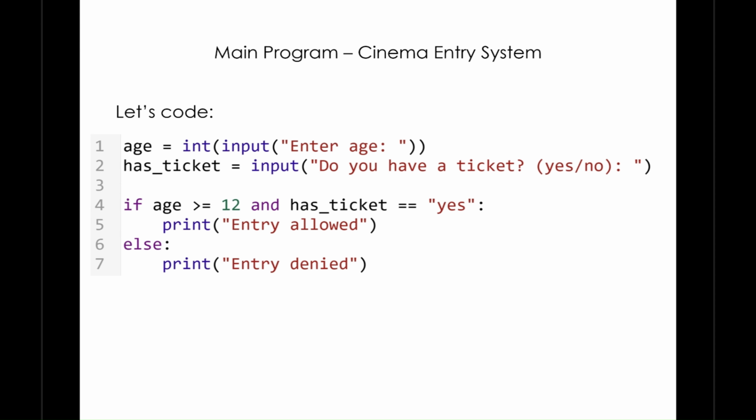So if both of these conditions are true, where age is greater than or equal to 12 and has ticket equals yes, then entry is allowed. Otherwise, entry is denied. Run the program on Create with Code, press pause on the video, and we'll come back in a second.